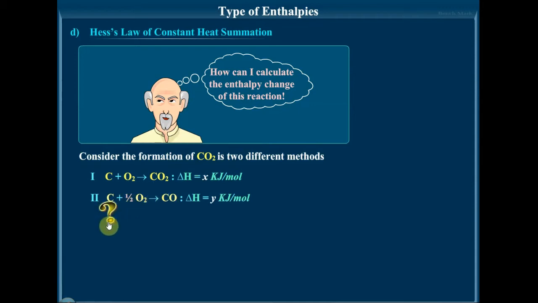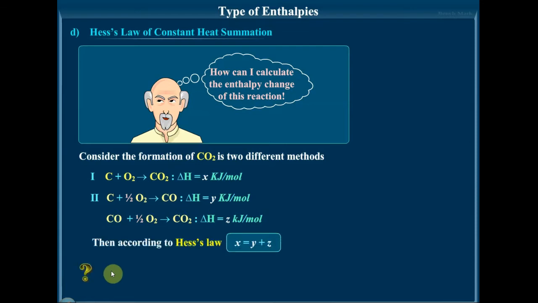You can prepare first carbon monoxide, and then carbon monoxide plus half O2 gives carbon dioxide. So carbon dioxide can be prepared either by treating carbon and oxygen directly, or in two steps: first by making carbon monoxide, and then carbon monoxide is treated with oxygen to form carbon dioxide. For the first of these two steps, delta H for preparation of carbon monoxide, let it be Y kilojoules per mole, and for the second step, let it be Z kilojoules per mole.